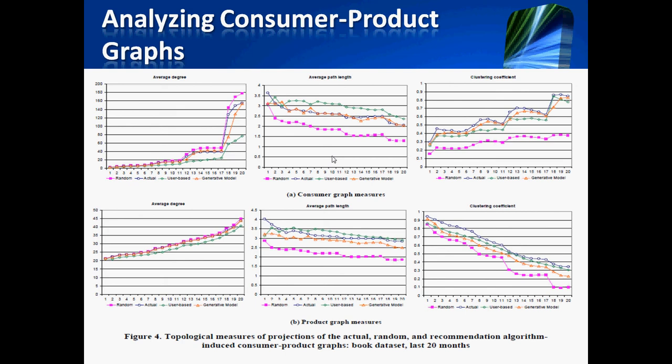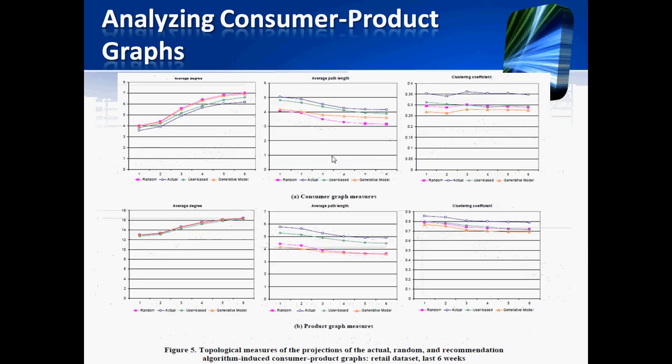And as you can see, they come pretty close for the book data set. It looks like maybe the orange one, which is the generative model, is a little bit closer in terms of matching the real data.